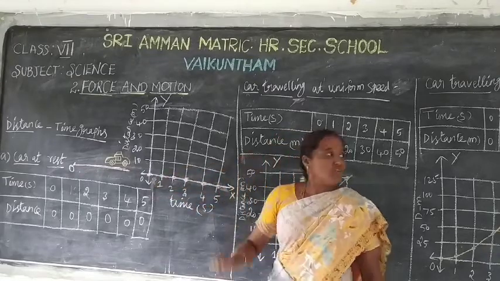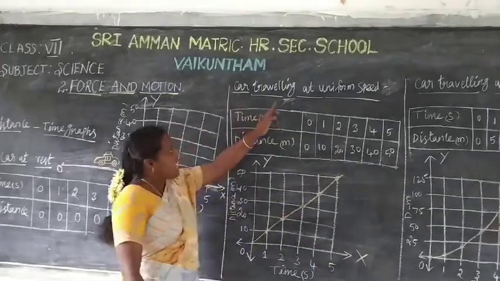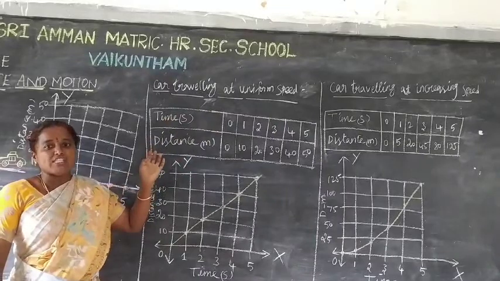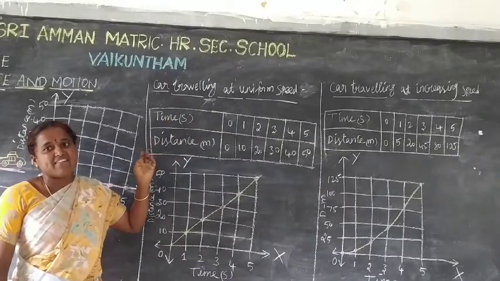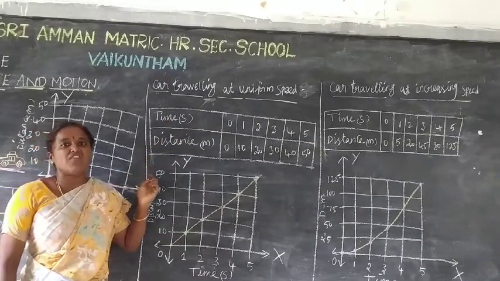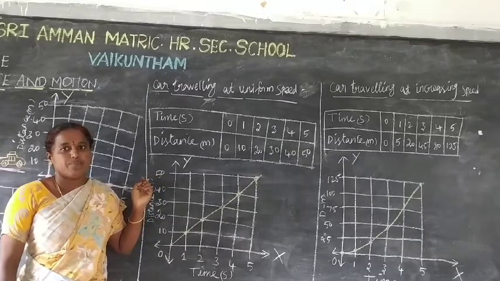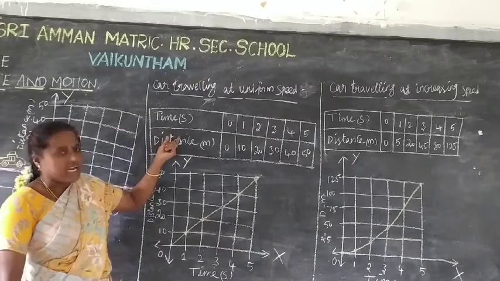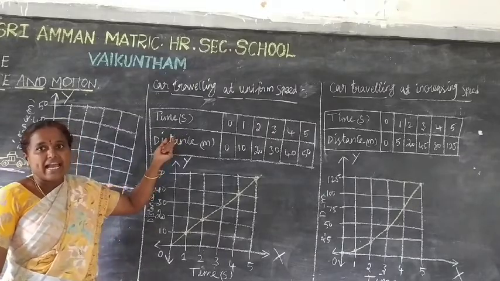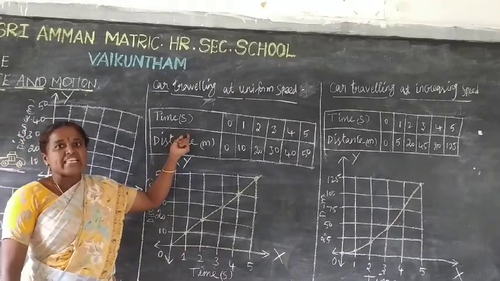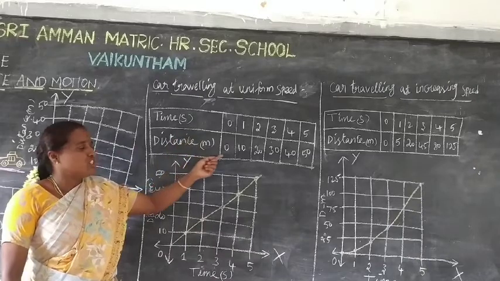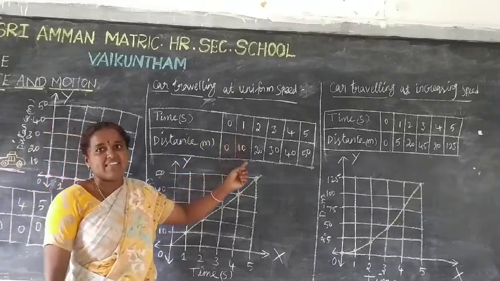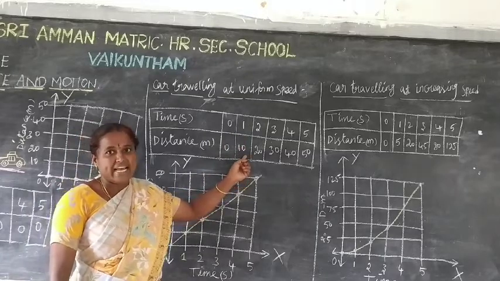Next one is car traveling at uniform speed. Now assume that the car is traveling at a uniform speed of 10 meters per second. Here time and distance are given. In 0 seconds, the distance travelled is 0 meters. In 1 second, the distance travelled is 10 meters.